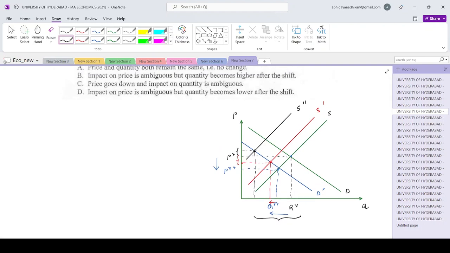Since both curves are shifting in the same direction, the final outcome on price depends upon the relative shifts of the demand and the supply curve. So the conclusion is that demand shifts left and supply shifts left.